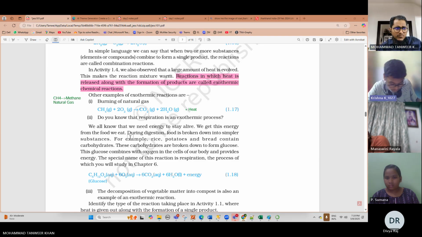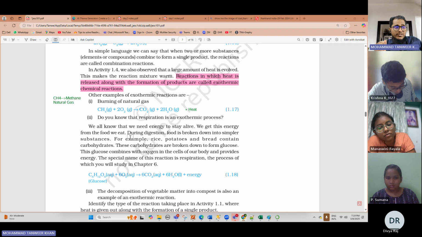Especially rice contains carbohydrates. So now these carbohydrates are broken down, and when they are broken down, they form glucose.